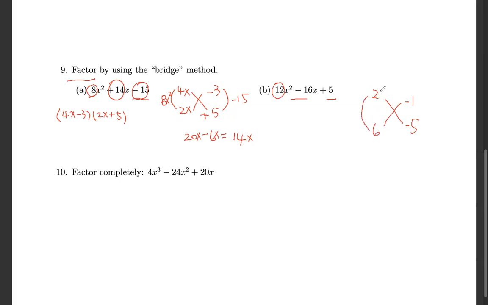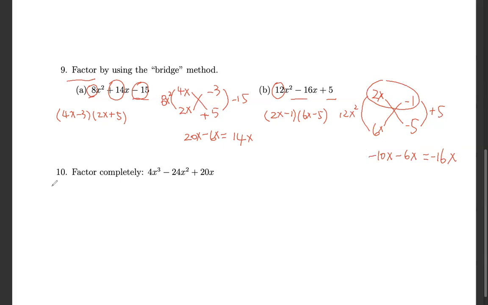So this is x, this is x. 2x times 6x, that's 12x squared. Negative 5 times negative 1, that's positive 5. I multiply 2x with negative 5, get negative 10x. Multiply 6x with negative 1, get negative 6x. And those two add up to be negative 16x. Bingo, right? So that means we can factor this as 2x minus 1 and 6x minus 5. Just write it this way, 2x minus 1, 6x minus 5.